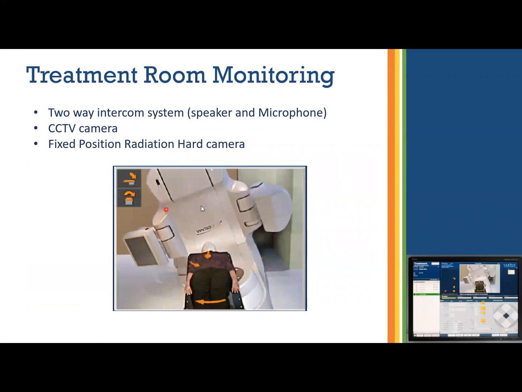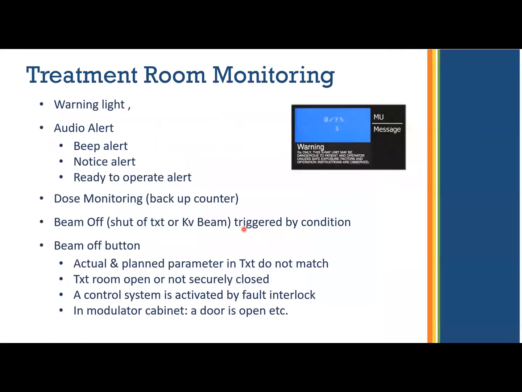Treatment room monitoring, and this is on the console. You will see the patient with this monitor, and also there are two extra monitors having those screens at the console area. Treatment room monitoring, warning lights, and this is a console.